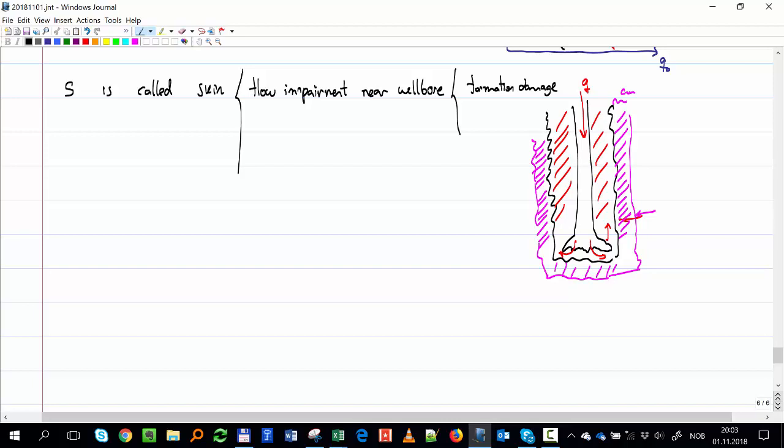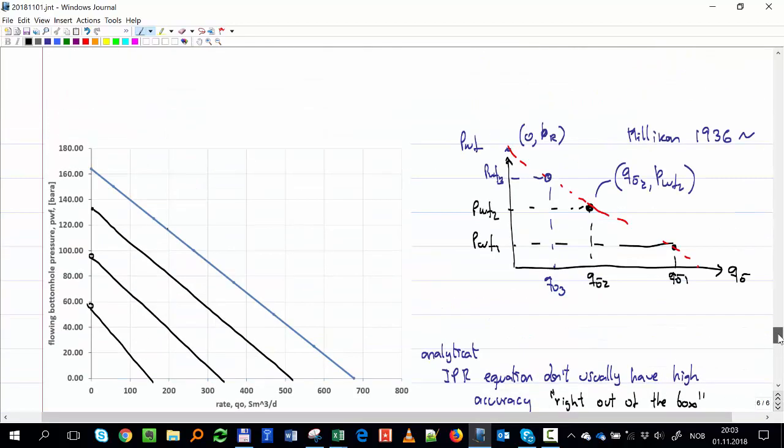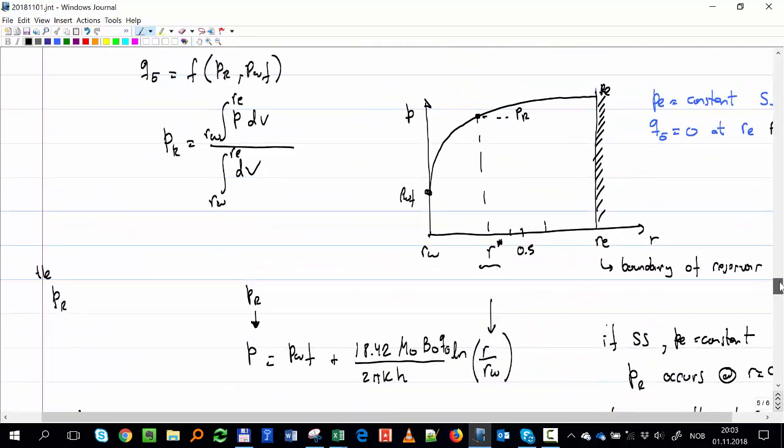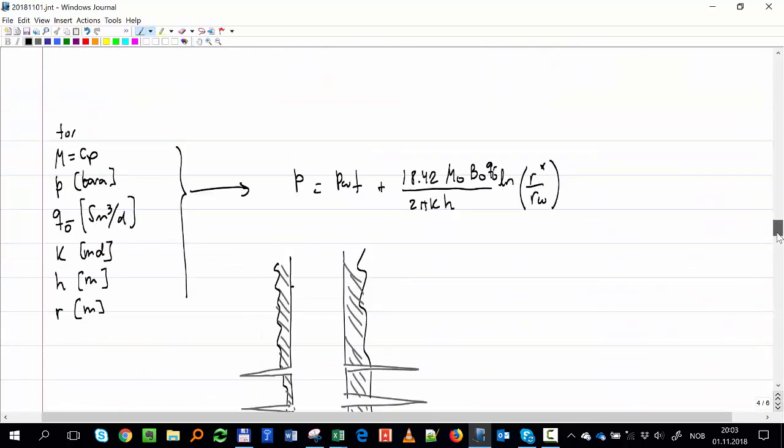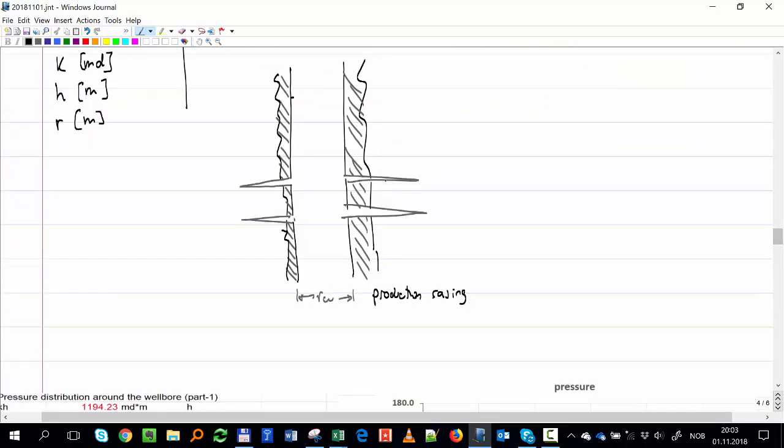We also can have skin due to the perforations, because it is related to the previous case. Here in reality we're not flowing through the whole well, but we are flowing first to these perforations, and then we are flowing through the perforations inside.